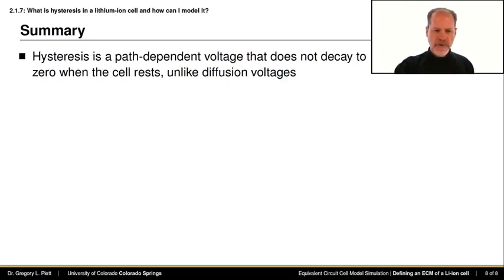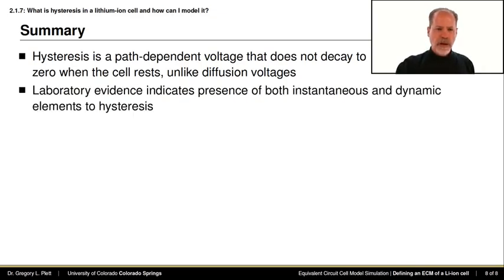To summarize what you've learned in this lesson, you've learned that hysteresis is a path-dependent voltage that does not decay to zero as the cell rests. This is different from diffusion voltages, which do decay to zero when the cell rests. The lab evidence indicates the presence of both an instantaneous type of hysteresis and a dynamic type of hysteresis.